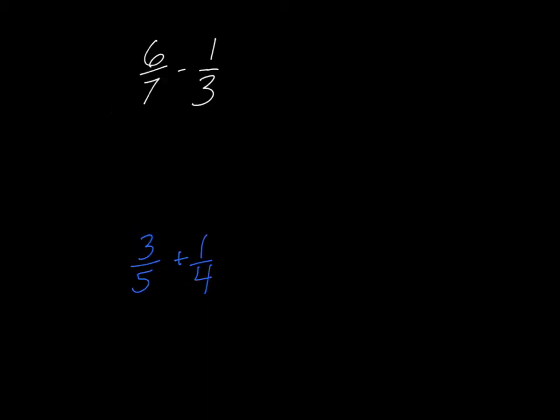Now let's take what we learned about finding common denominators and apply it to this subtraction problem. So we have 6/7, so we're going to list some equivalent fractions, and then 1/3 we're going to do the same and look for common denominators. So we go 6/7.